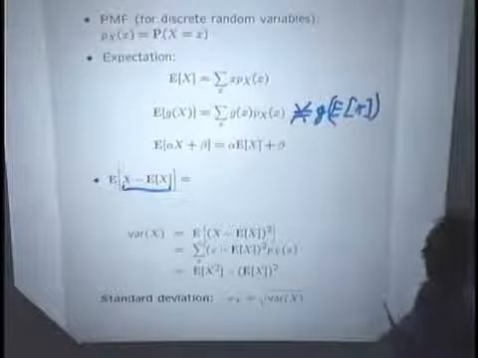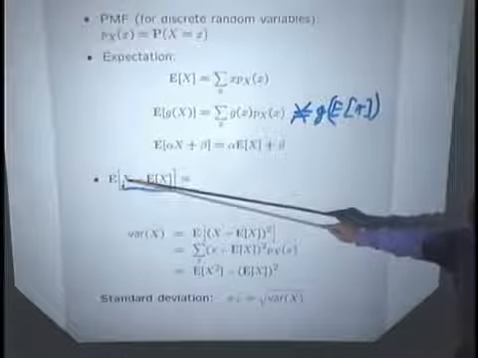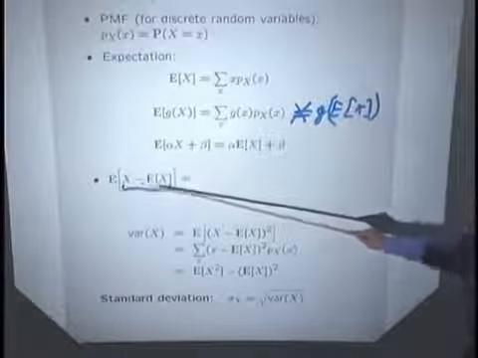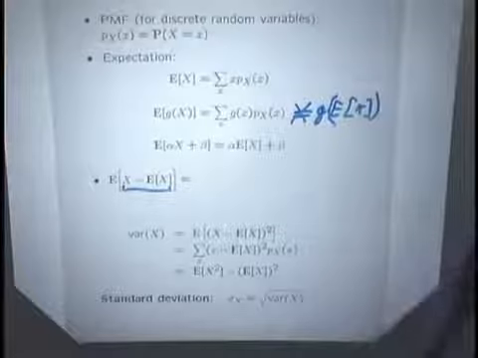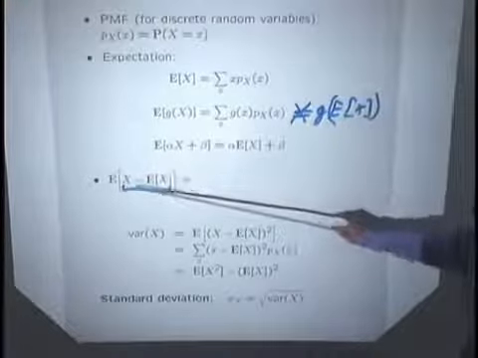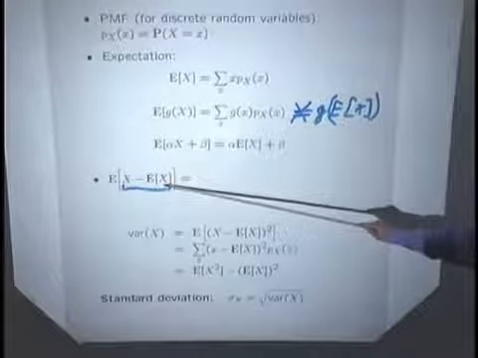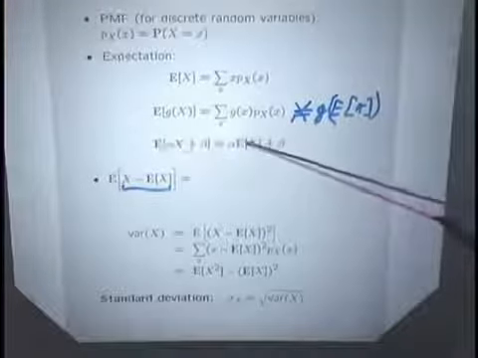Why? Because capital X is random, and what we have here is capital X, which is random, minus a number. Remember, expected values are numbers. Now, a random variable minus a number is a new random variable. It has an expectation of its own. We can use the linearity rule.